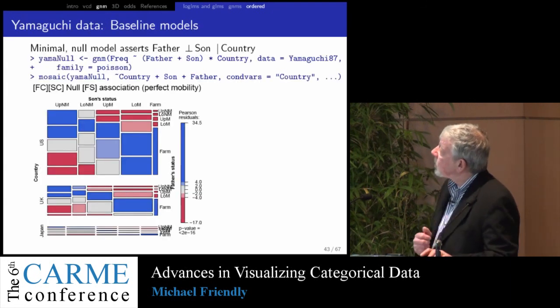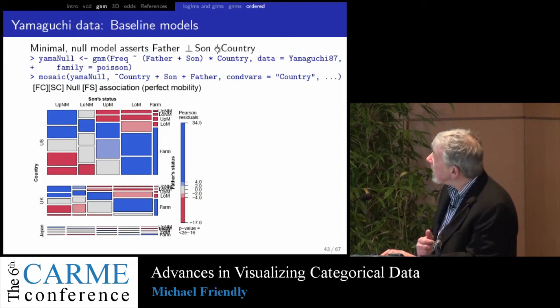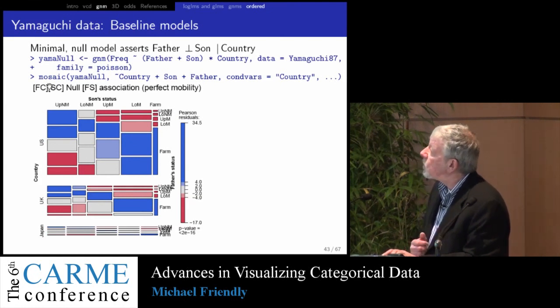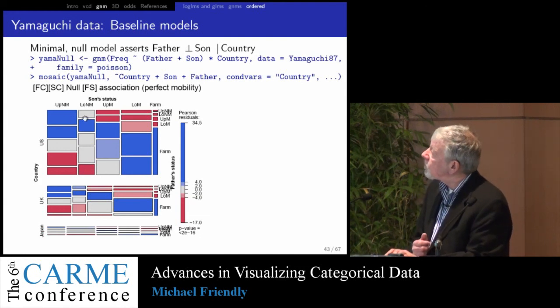So here's just an example of fitting these models. The null model, father independent of son independent of a given country, is simply father plus son star country. The important point I'd like to draw your attention to is that we simply fit a model and then use the mosaic function to show that model. So here is the model of perfect mobility.